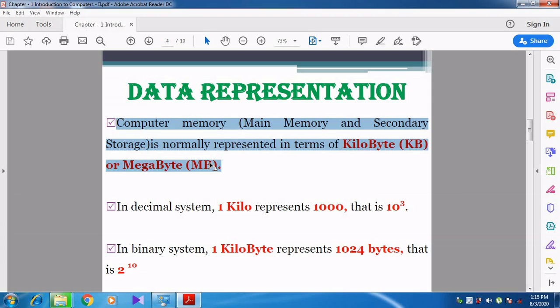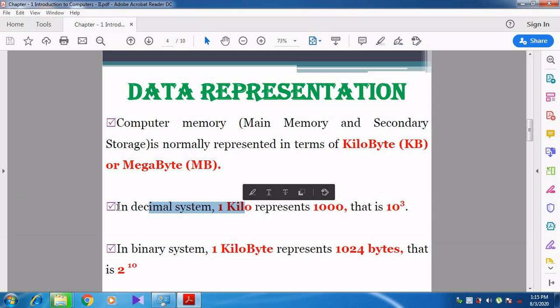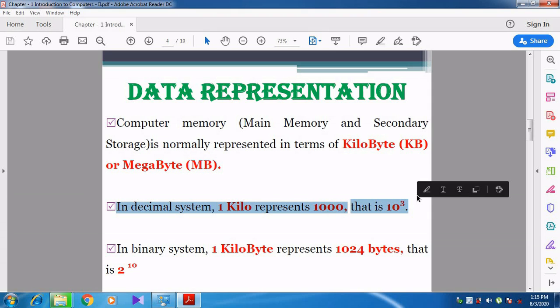The computer memory is normally represented in terms of kilobytes or megabytes. In the decimal system, last video I told you 1 kilo represents 1000 grams. Here 1 kilo represents 1000, that is 10 to the power of 3: 10 into 10 is 100, 100 into 10 becomes 1000.